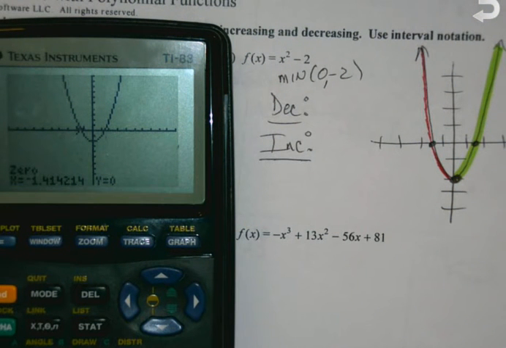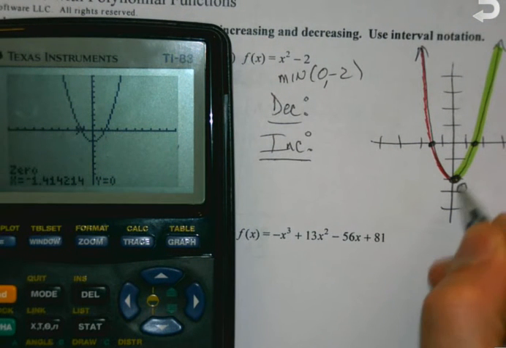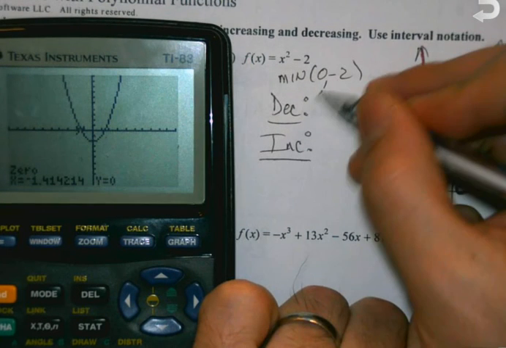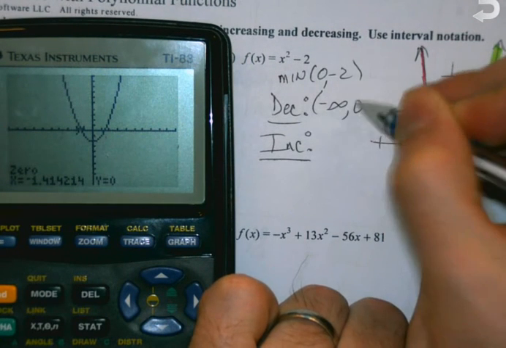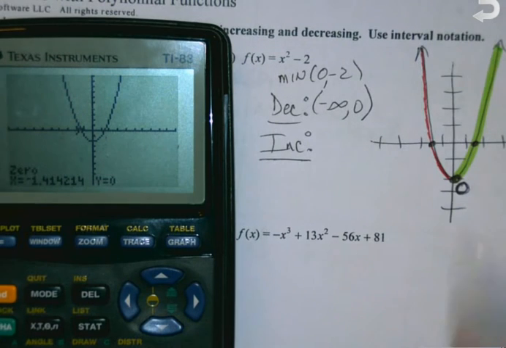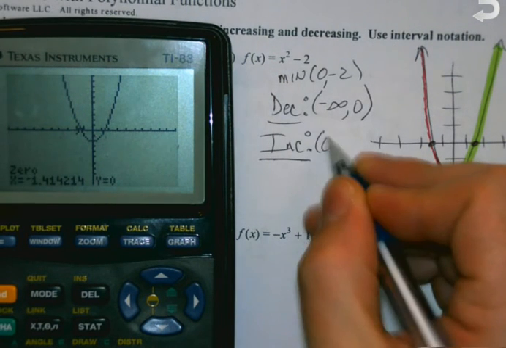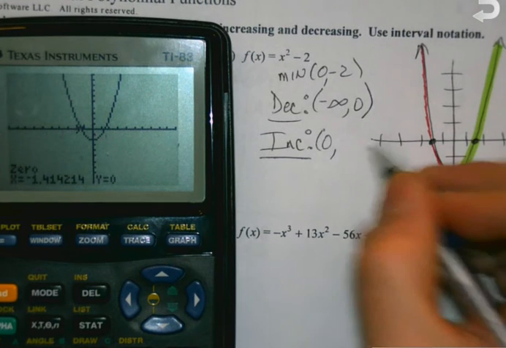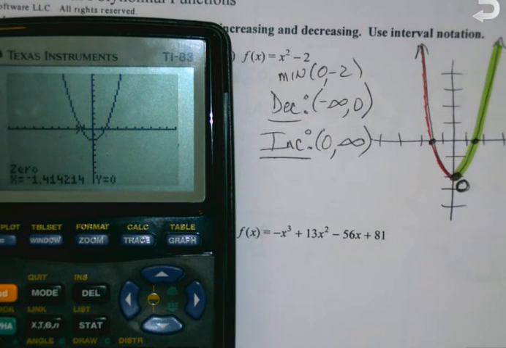So what would be my interval for the decreasing portion of my graph? Negative infinity until I hit 0. And then it starts back up at 0 for my increase and heads off forever to the right, positive infinity.